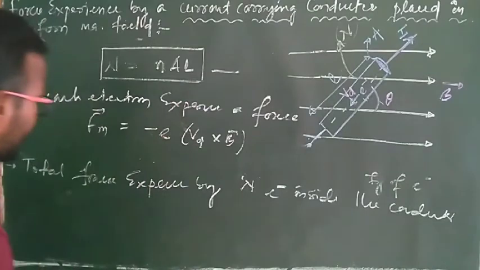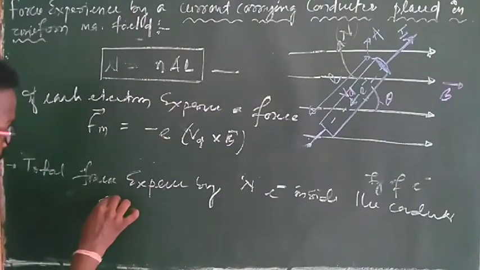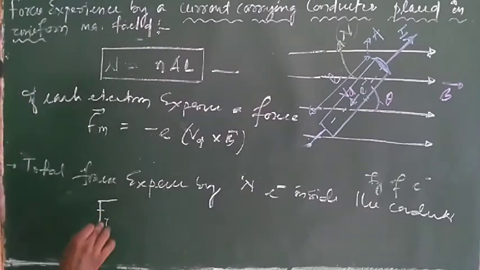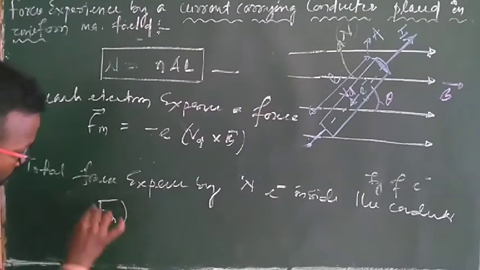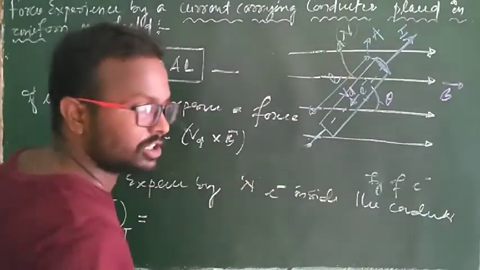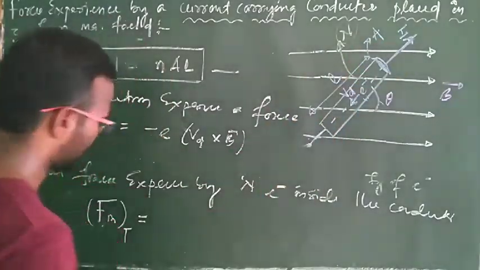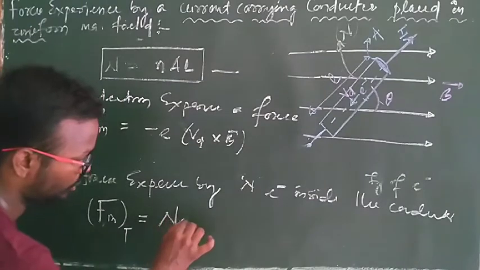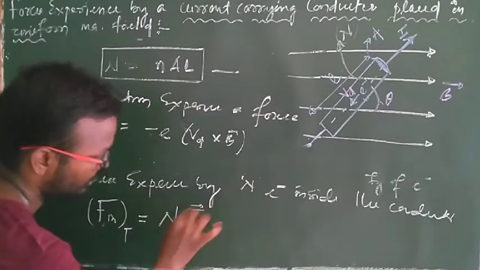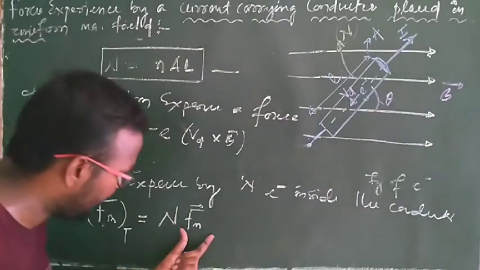So total force experienced, Fn, the total force experienced by all the electrons inside the conductor, is N into Fm, because what is Fm?